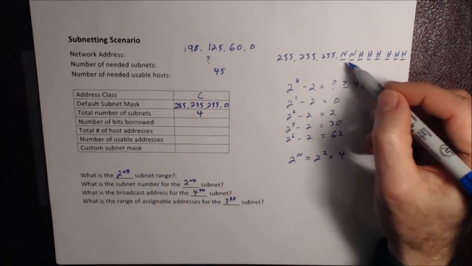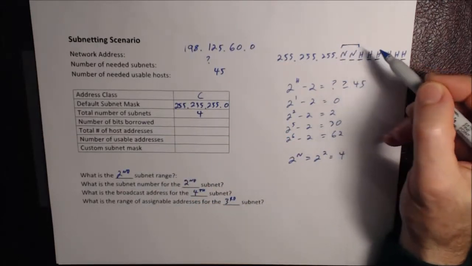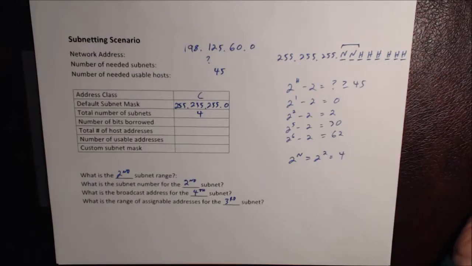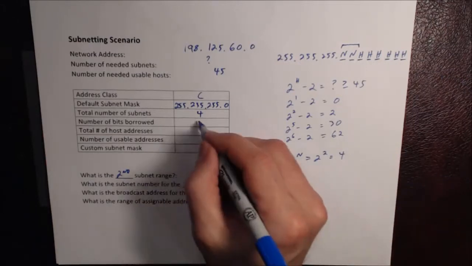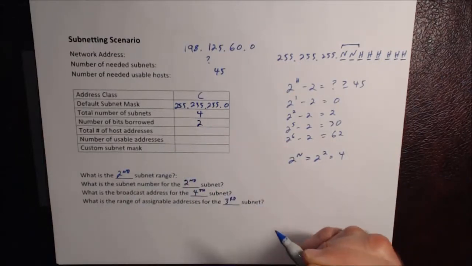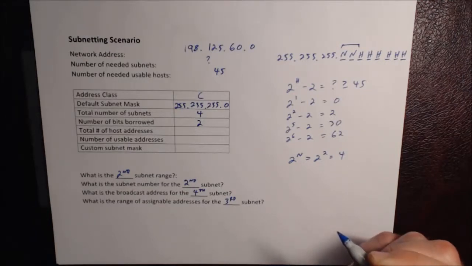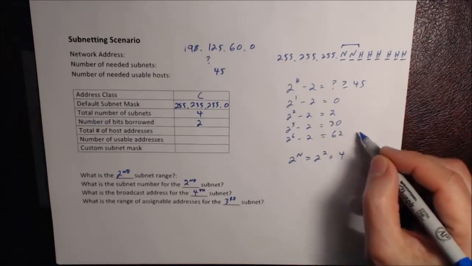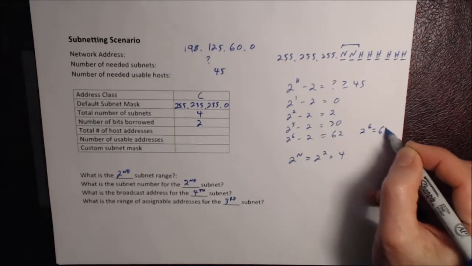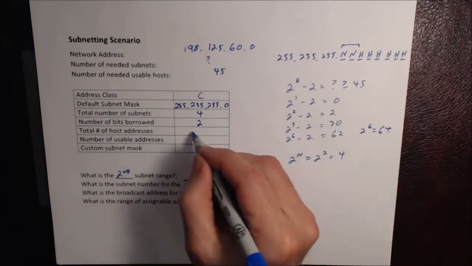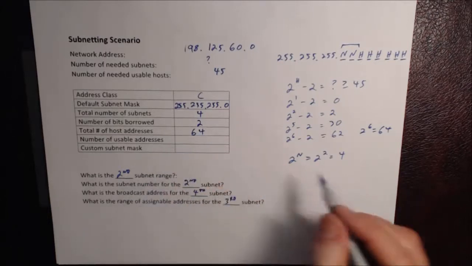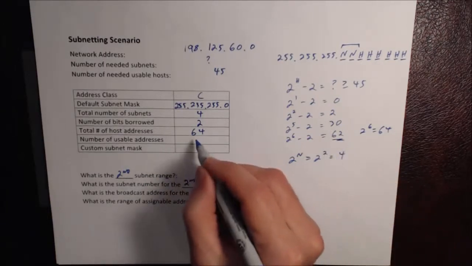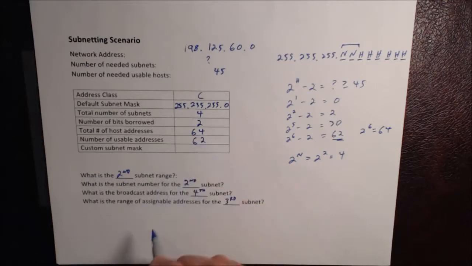We borrowed 2 host bits to get to our number of network bits, so we borrowed 2 bits. Our total number of host addresses is 2 to the 6th, and that equals 64. Our number of usable addresses is 62.